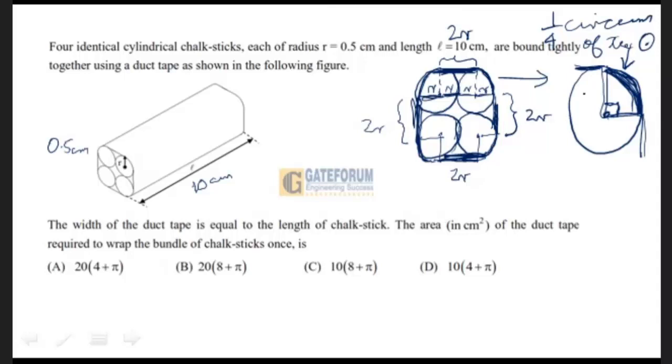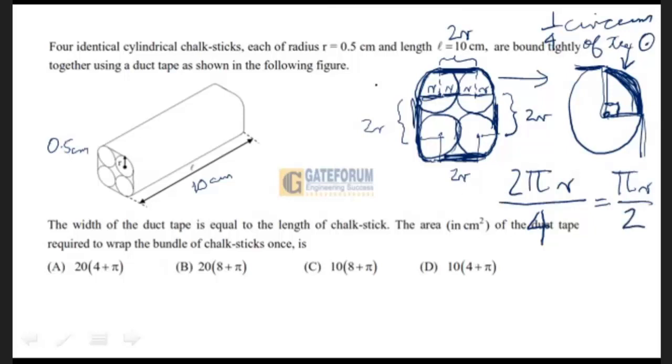Now what is the circumference of the whole circle? That would be 2 pi r, and this portion is only 1/4 of that. So the length of this portion would be pi r by 2.